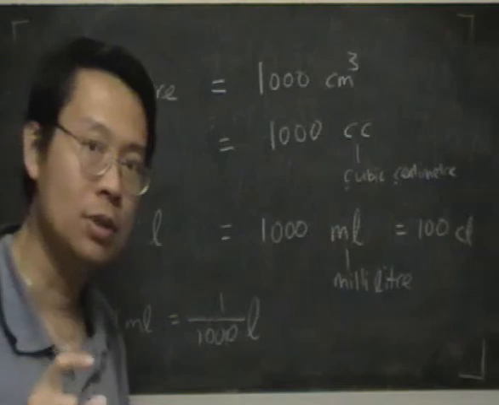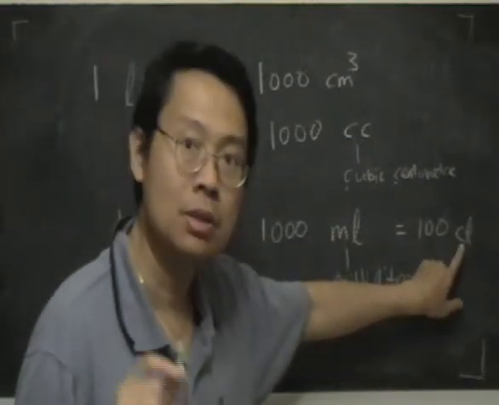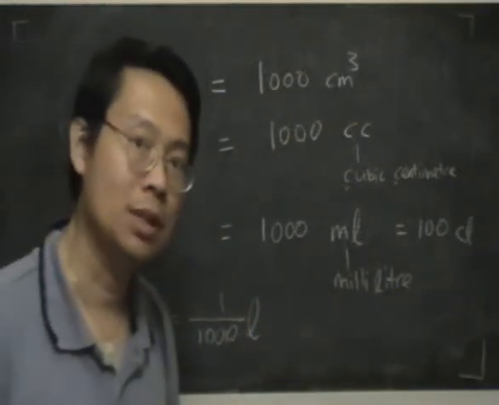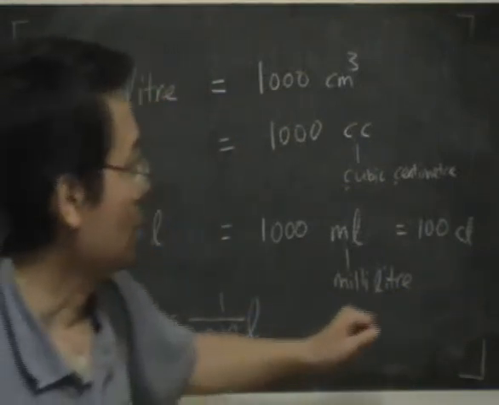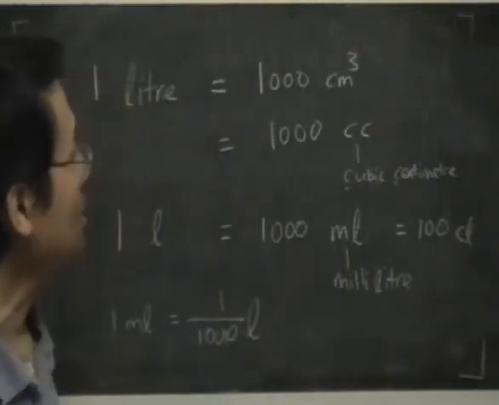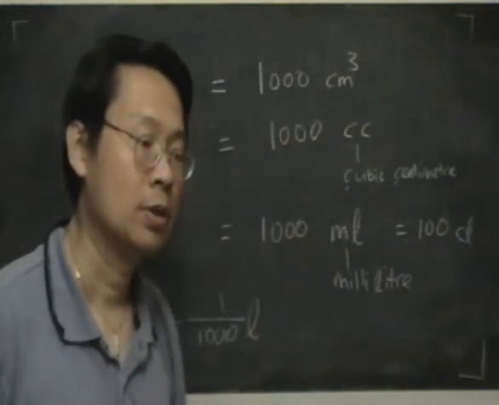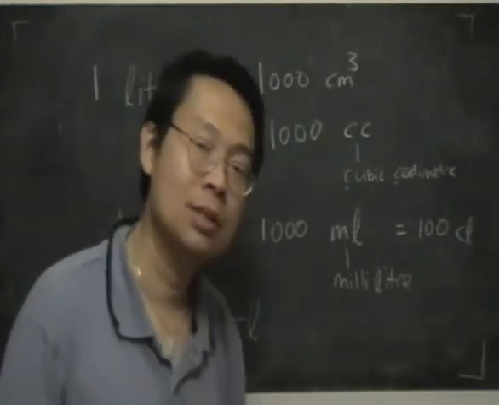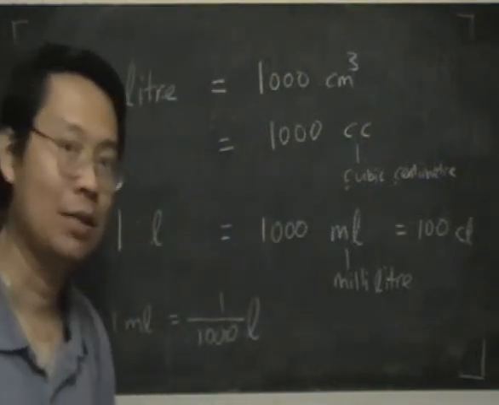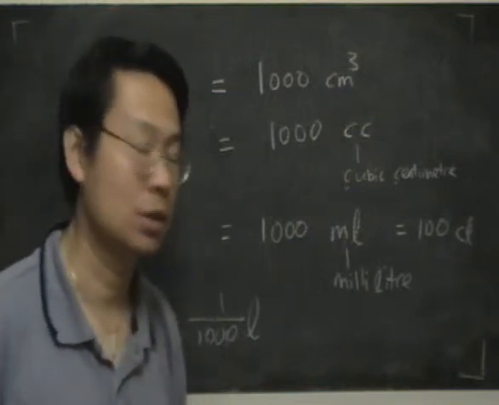Now, you would often see the unit CL. What is CL? The C here is like the C in centimeter. So CL means centiliter, right? And if you remember, centi means 1 over 100.